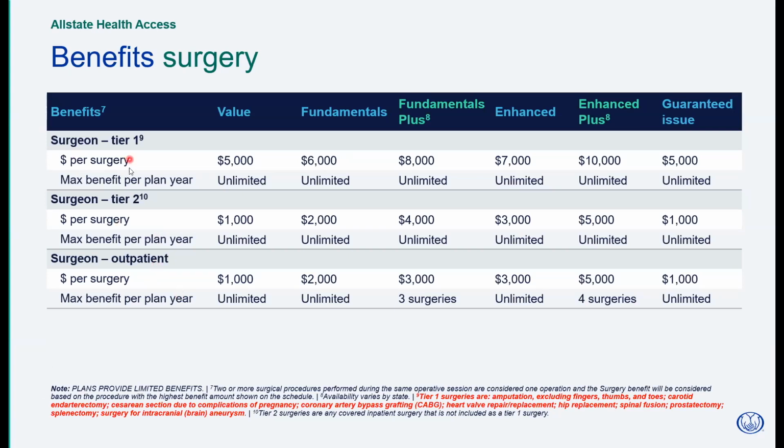Let's take a look at what the benefits are for the surgeon tier 1. This is per surgery. The benefits range from $5,000 to $10,000 per surgery, and the maximum benefit per plan year is unlimited for all plans. Tier 2, which is everything other than what is highlighted in red, ranges from $1,000 to $5,000 per surgery.